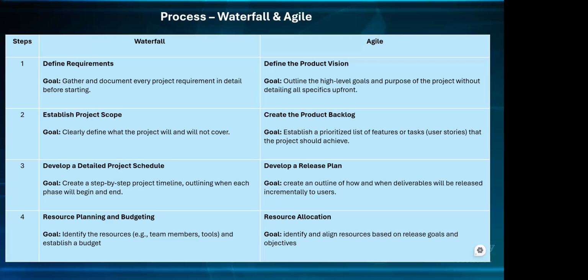Okay, so the first step for waterfall is to define the requirements. The goal for this step is to gather and document every project requirement in detail before we even start at all.